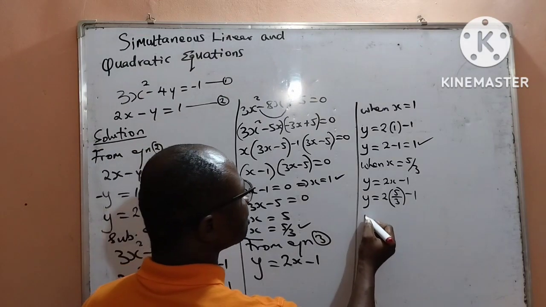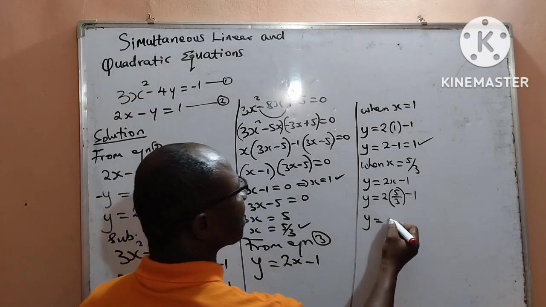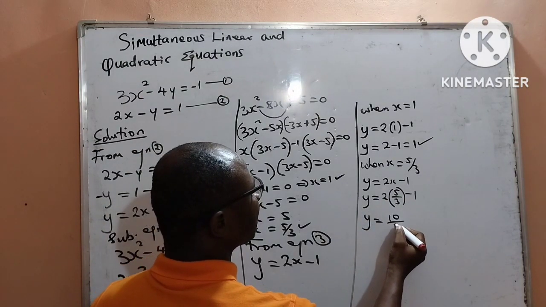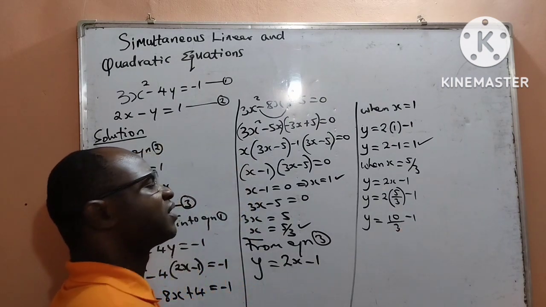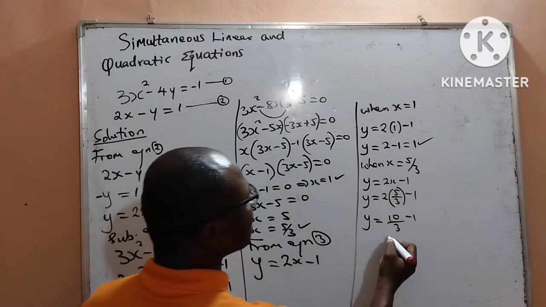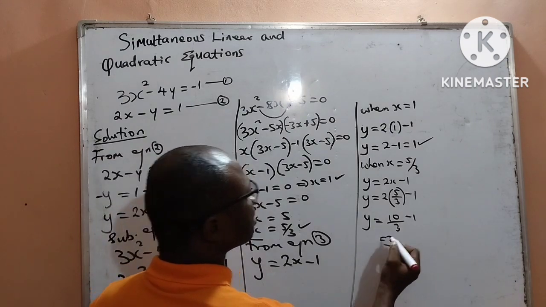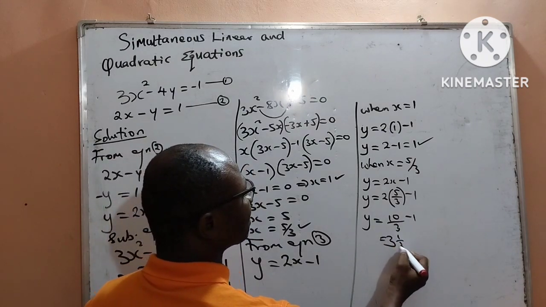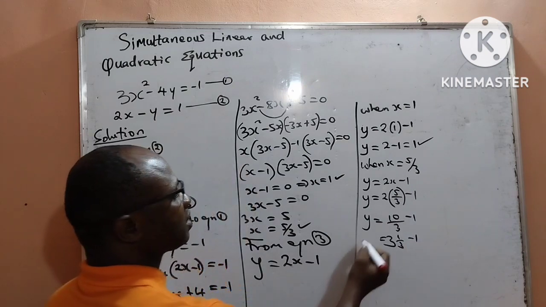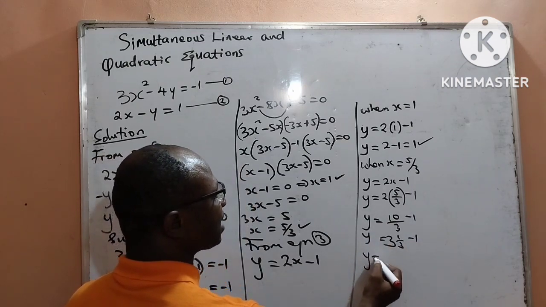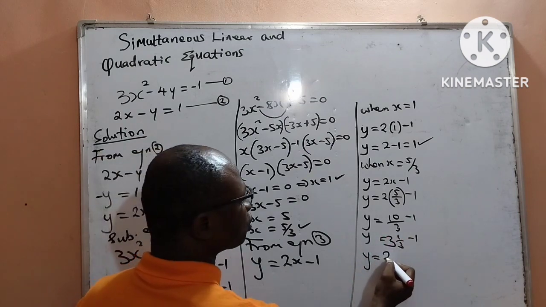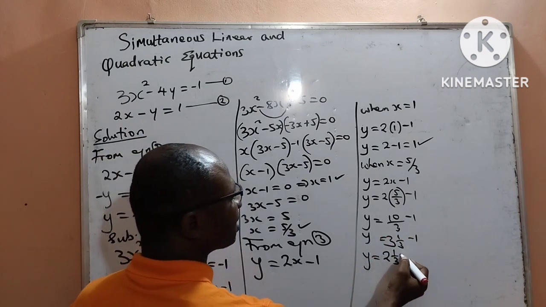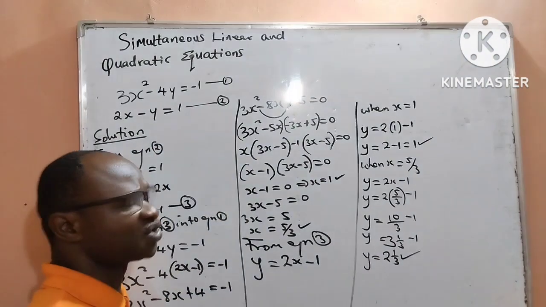This is now going to be 2 times 5 will give me 10 all over 3, then minus 1. And you know 10 over 3 is the same thing as 3 whole number 1 over 3, then minus 1. Permit me to now say that y here is equal to 3 and 1 over 3 minus 1 will give us 2 and 1 over 3. Second value of y is out.